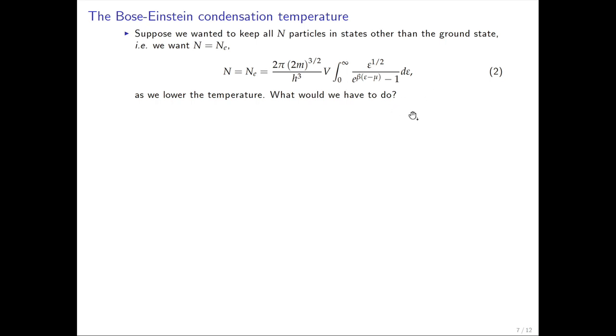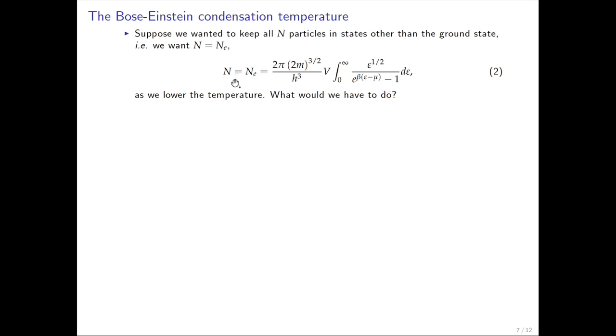Let's look at this integral, and suppose we lower the temperature. We have some number of particles, and we're not at low temperature where mu is arbitrarily close to 0. Mu is some value, and suppose we then lower the temperature. What would we have to do to keep N the same? Well, as I lower the temperature, beta is getting larger, so this factor is getting larger, the denominator is getting larger, and this thing in the integral is getting smaller.